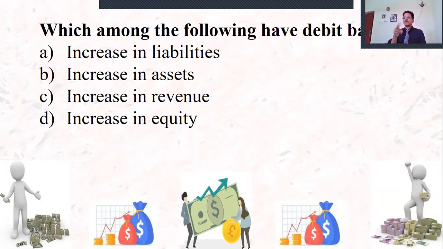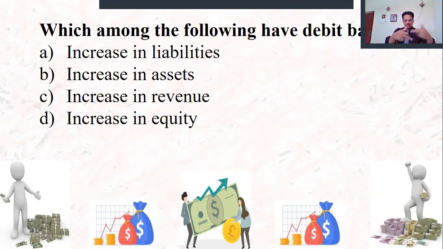The question may come in a different way, like which among the following is not a credit balance or not having a credit impact, or which have a credit balance or credit effect.